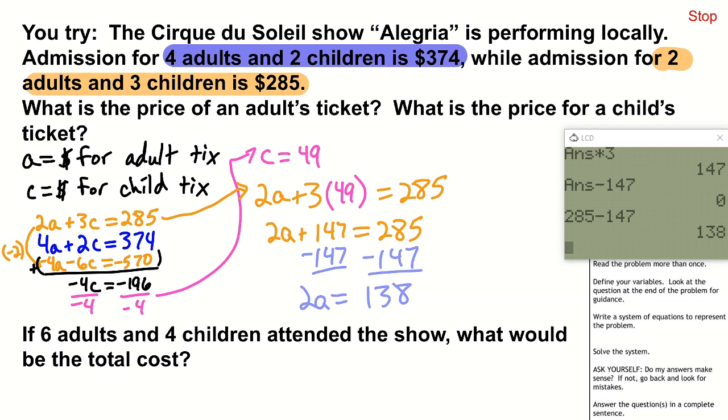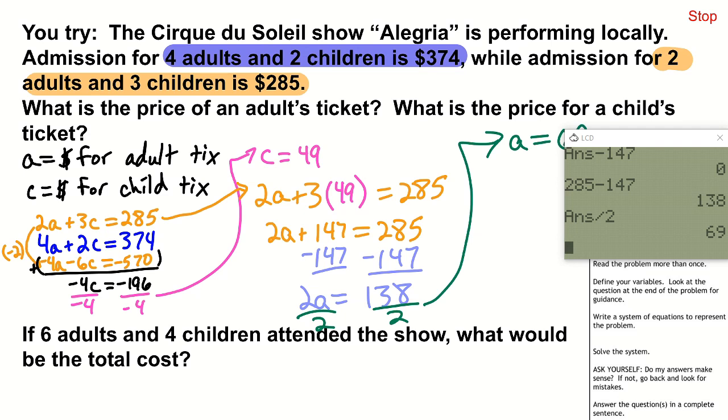And then we need to divide by 2, and we get 69. So what we have is that a child ticket is $49 and an adult ticket is $69.